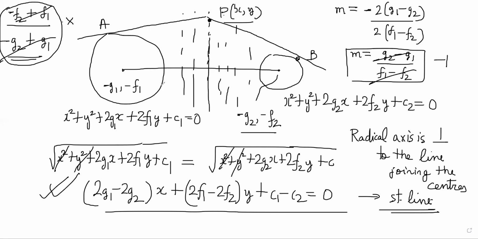And what is the radical center? Basically, he's just extending the idea. If you take 3 circles, then for each 2 of them you can have some radical axis.